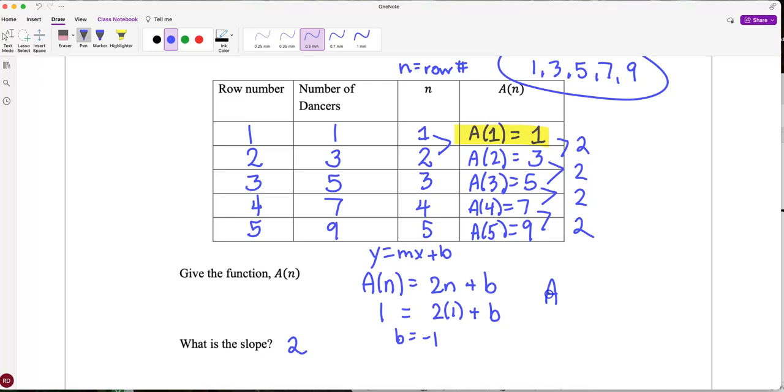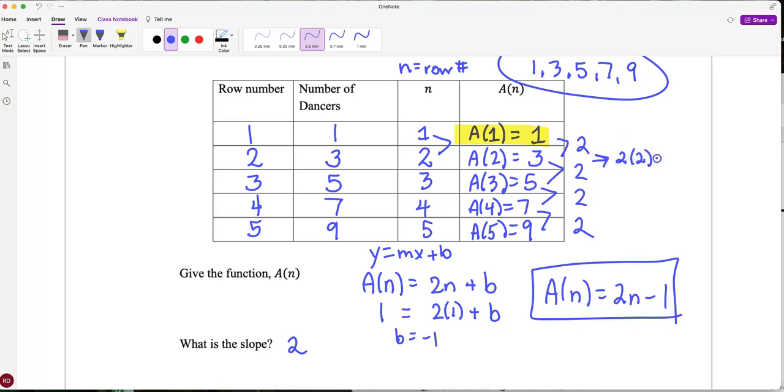So this function, a of n, is 2n minus 1. So you can check it. If n is 2, 2 times 2 minus 1 is 3. That's what I get there. And the next one, 2 times 3 minus 1 is 5. There's my 5. So this is my function.